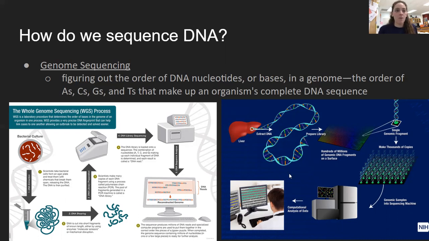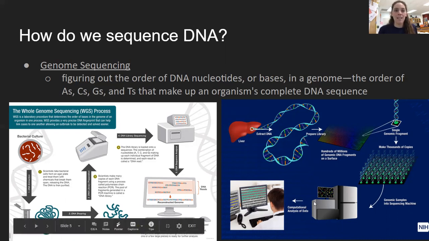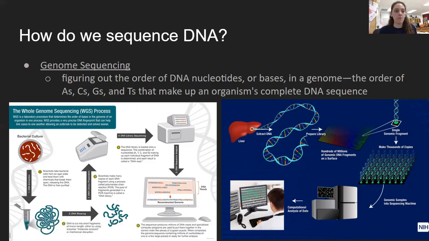Particularly, we need advancements in computer science, just that computational ability. Just recently, I read an article about a worm genome that was sequenced, and it took over 100,000 hours to sequence it. So this is a lengthy and expensive process.